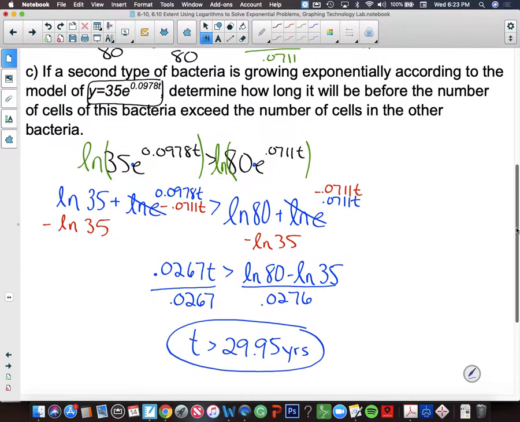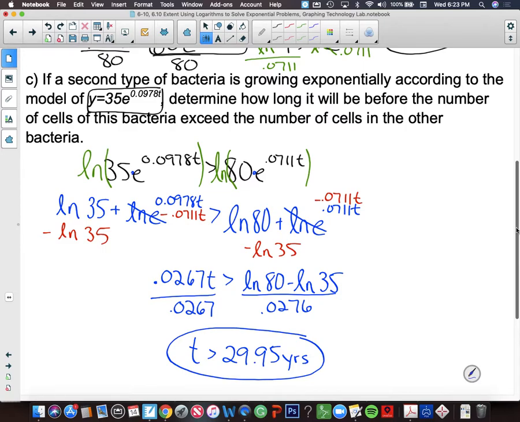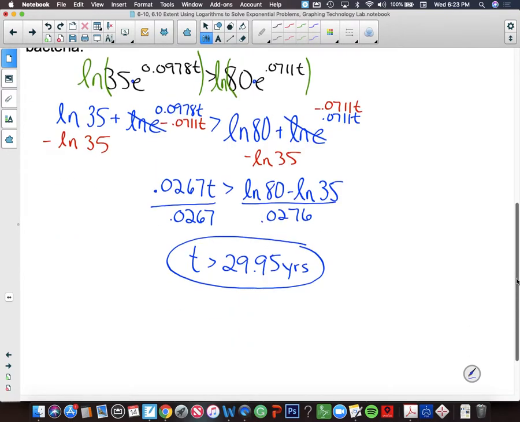So we're saying that this little one, or the 35 here, is going to surpass the other one in 29.95 years. Or minutes, not years. My apologies. So where that is in minutes, not in years. Okay? So that is what we get for that one.